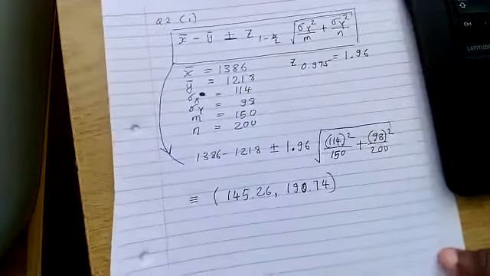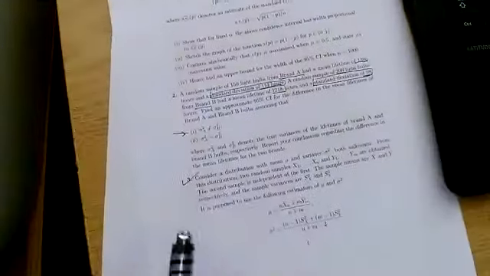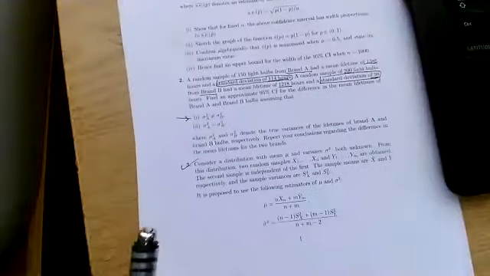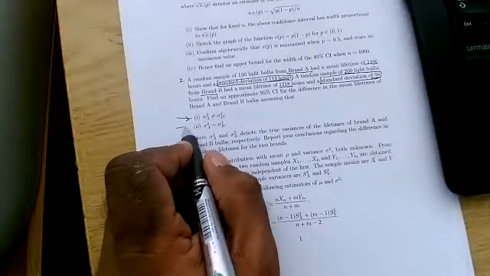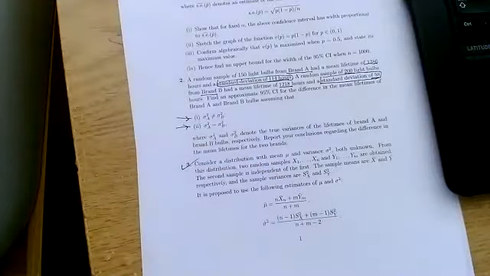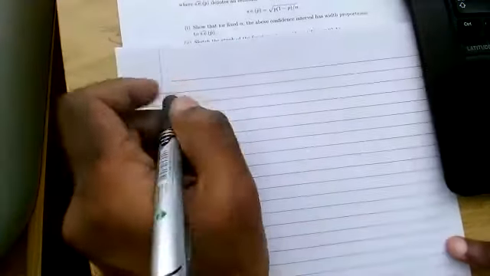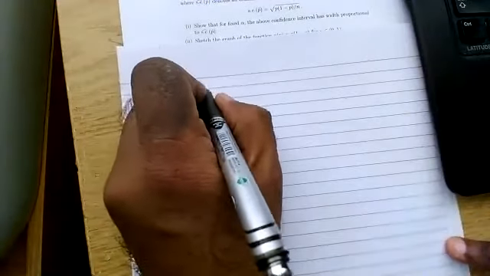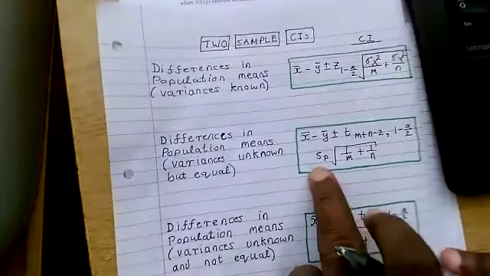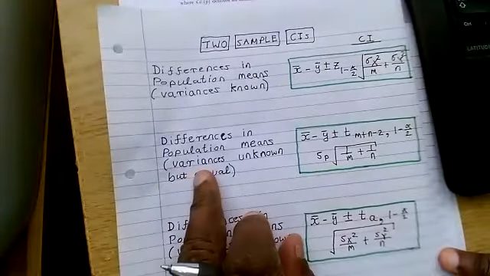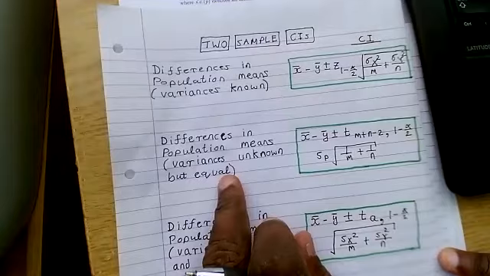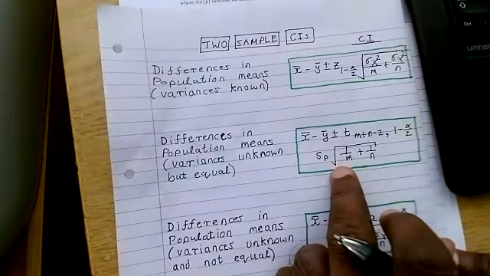Sorry, I mean, part one. The second part of the same question is asking you, if you assume that the two variances are equal, how would you do this? So this is question two, once again, part two, right? In this case, you need to use this formula here because this is the only formula where we can assume that the variances are equal.